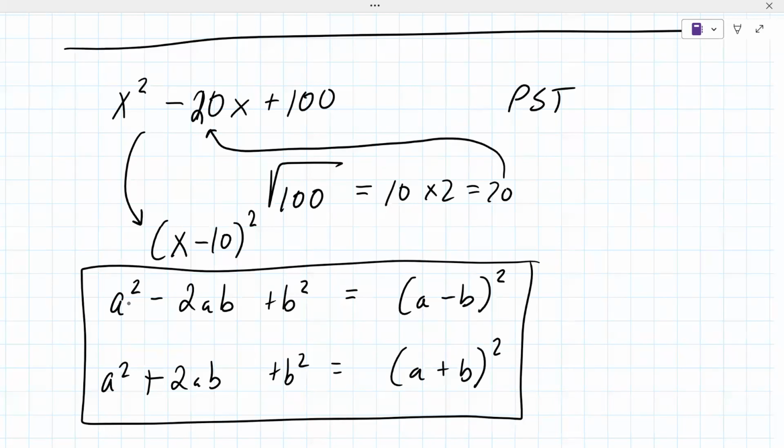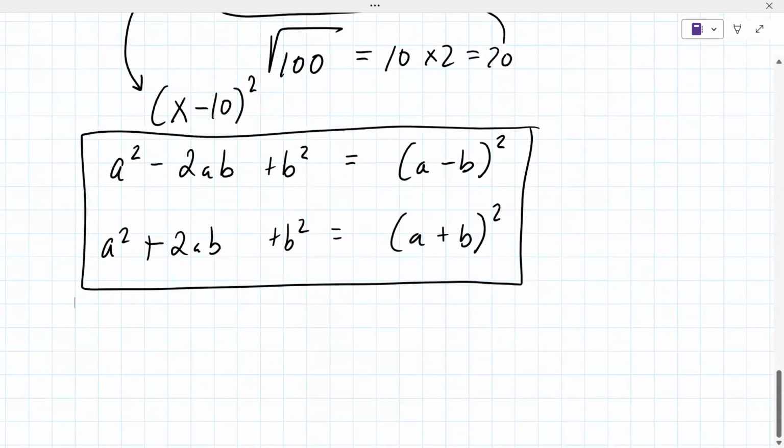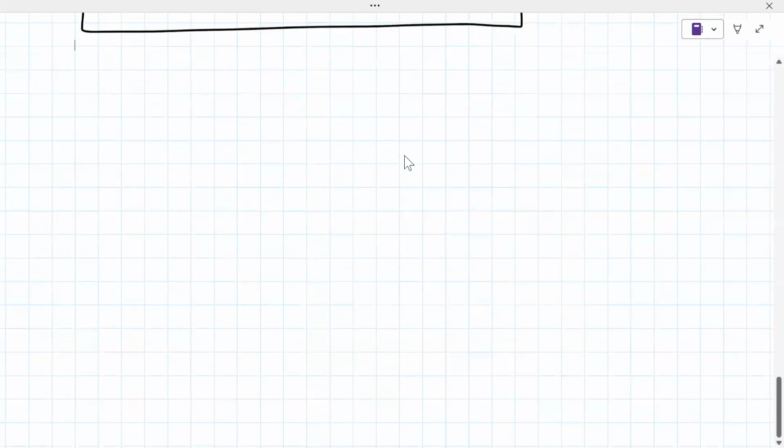Yeah, so for example, for this problem, 10 would be it because 10 times 10 is 100, and it's plus 10. So let me give you a couple more here to try. Go x squared minus 6x plus 9. This is again a perfect square trinomial.